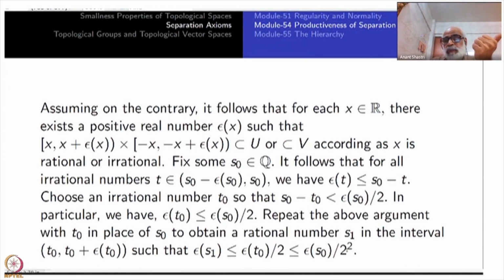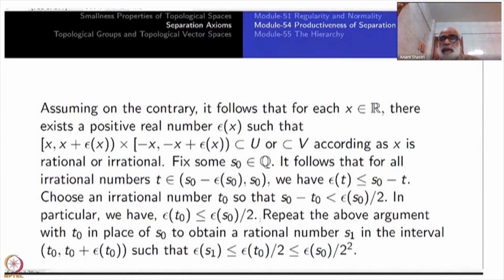This is a consequence of epsilon T naught itself being less than epsilon S naught by 2. So one stage of construction is over. Starting with a rational number, you get an irrational number with some property, closer, that's all. And then from the irrational number, you get again a rational number. One cycle is over. Now repeat this cycle.